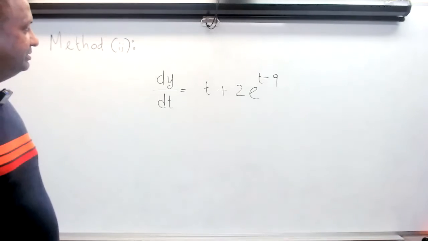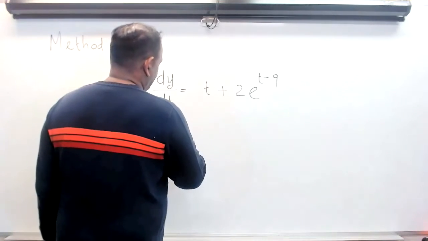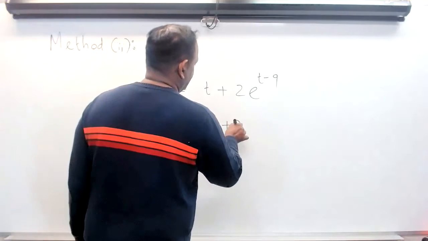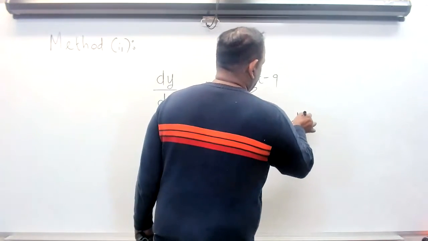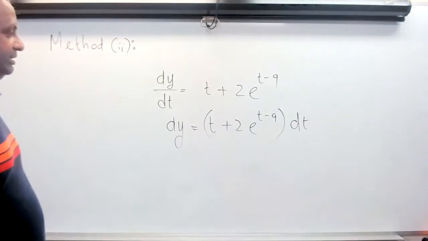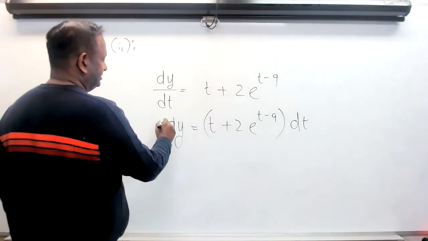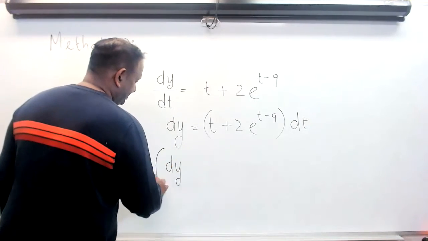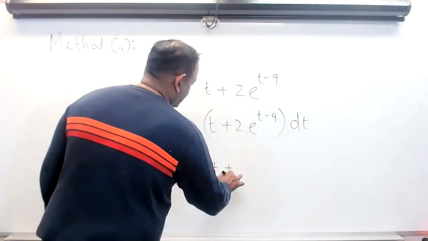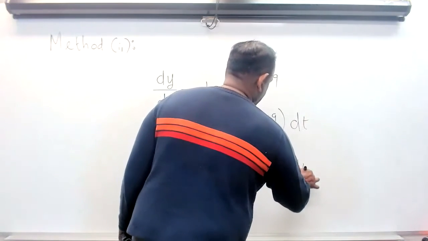That's the original one. Then we separated, can you remember? We separated dy = (t + 2e^(t-9)) dt. Then what are you going to do? You integrate. Okay, I'm going to integrate dy and integrate (t + 2e^(t-9)) dt.